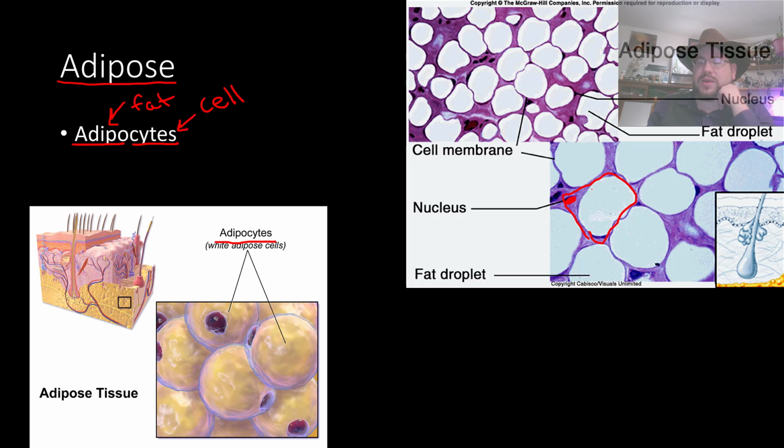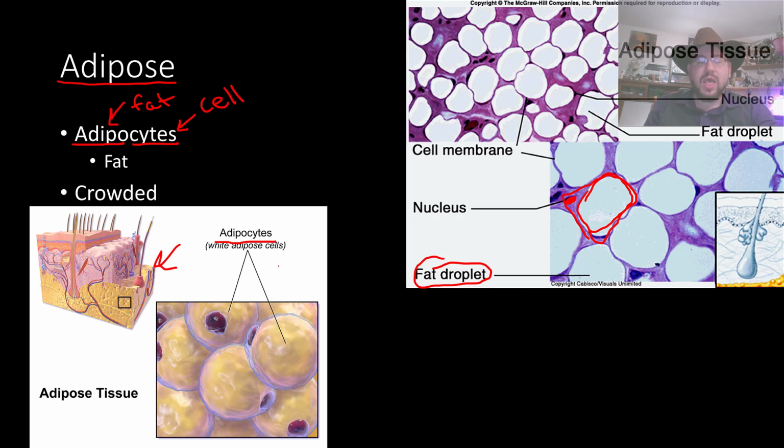And then the primary component of the cell is this extremely large storage vacuole that contains a fat droplet. So it basically stores fat for you. It has that characteristic yellow appearance in the tissues. It provides a lot of important functions.